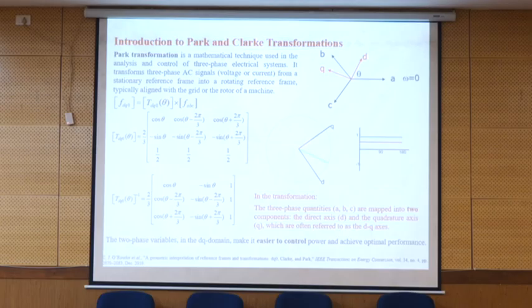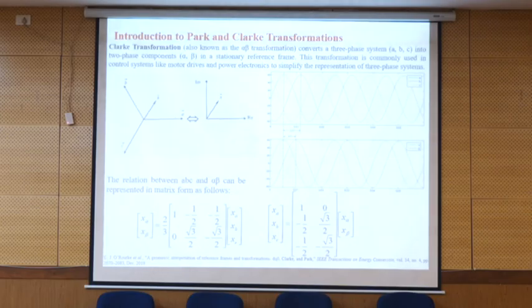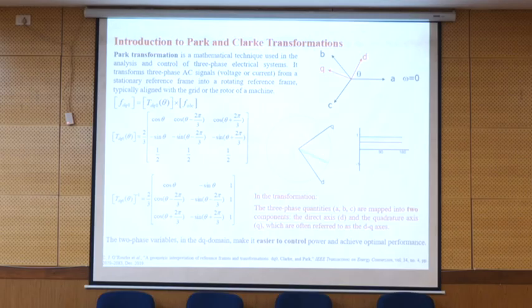Thank you. So when we change from ABC to DQ, first we change from 3 dimension to 2 dimension, and second, if you look here, we change from sinusoidal to the DC value. So let's go to the next part. If our input is A, B, C, the output will be a constant value.